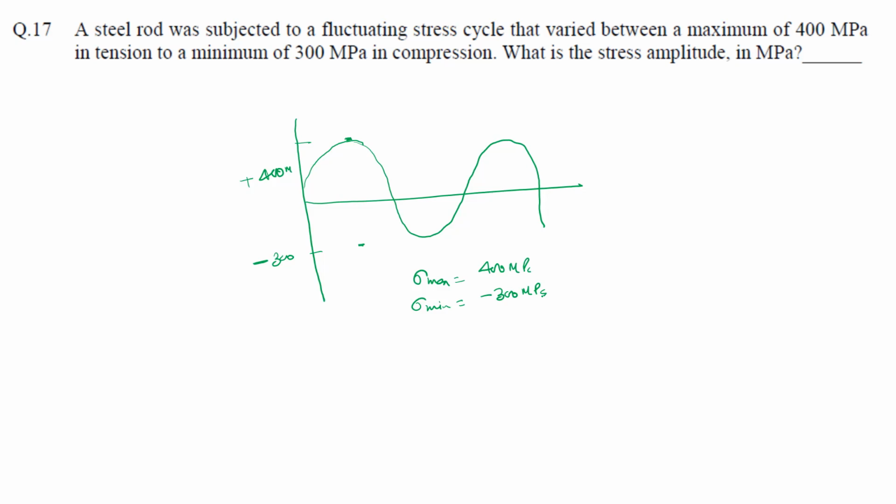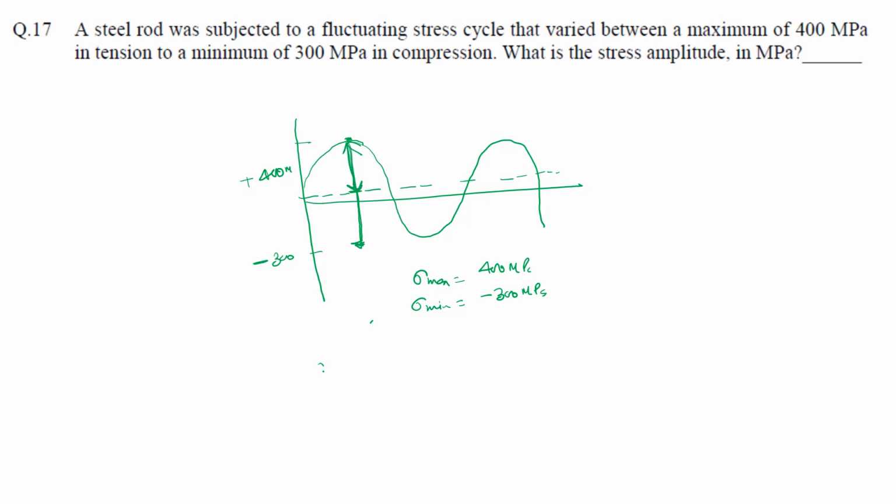So here it is asking about the stress amplitude. That means this distance divided by 2. Suppose this is the baseline where it oscillates. So that is the thing we have to calculate, this distance.